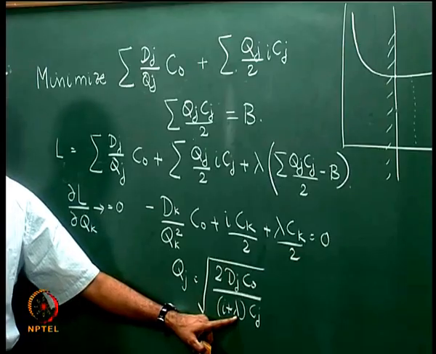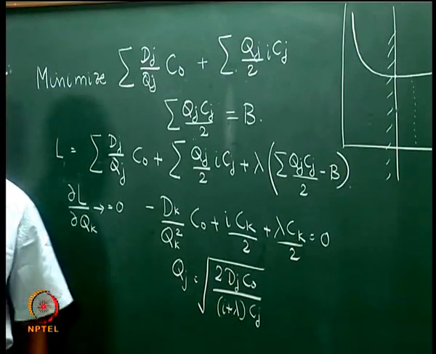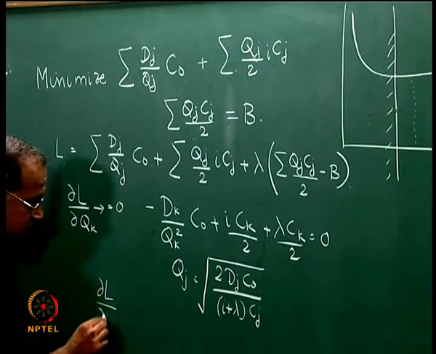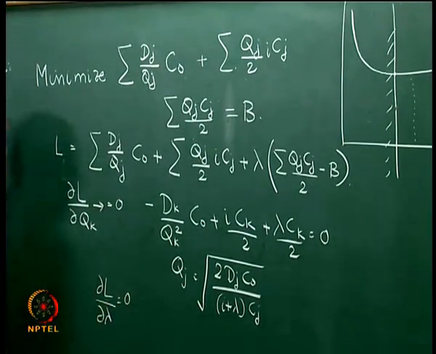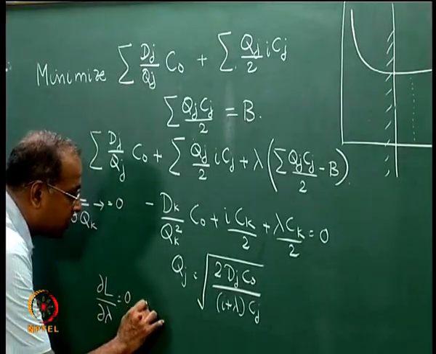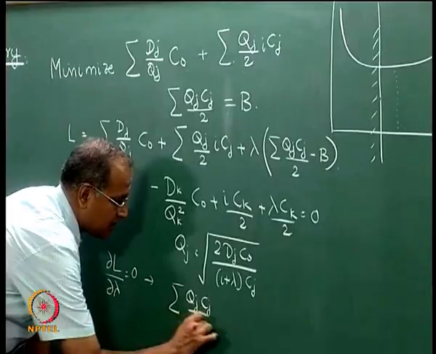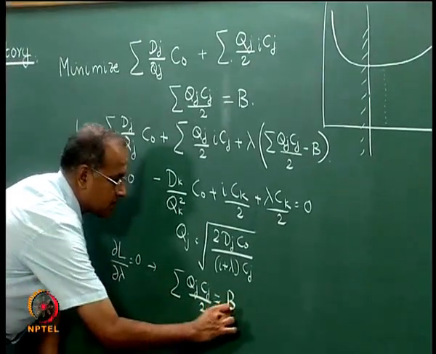So, we need to find lambda, and in order to find lambda we partially differentiate L, the Lagrangian function, with respect to lambda. So, dou L by dou lambda equal to 0 would give us sigma qj cj by 2 is equal to b.